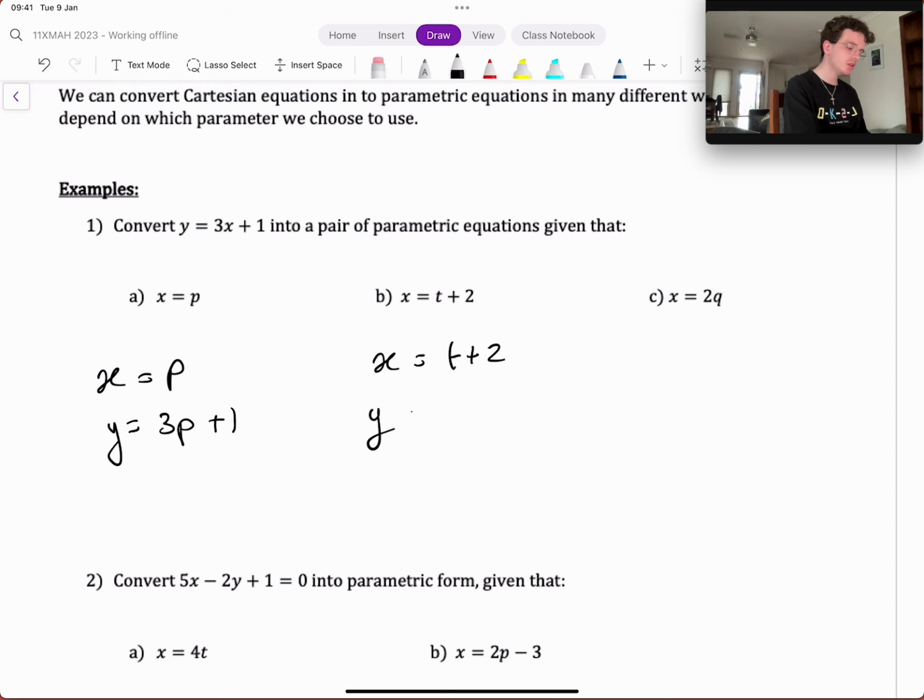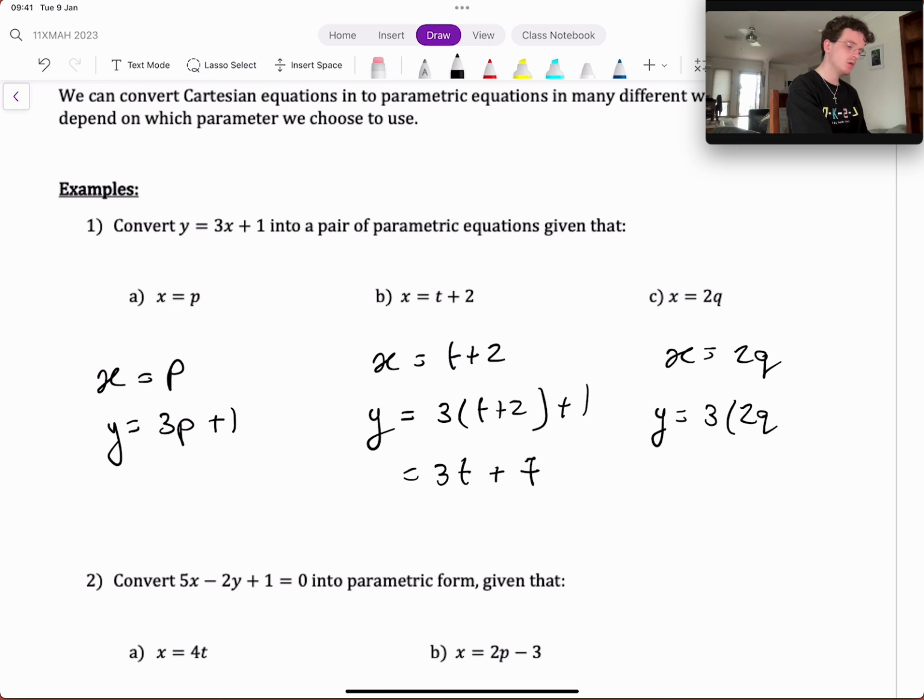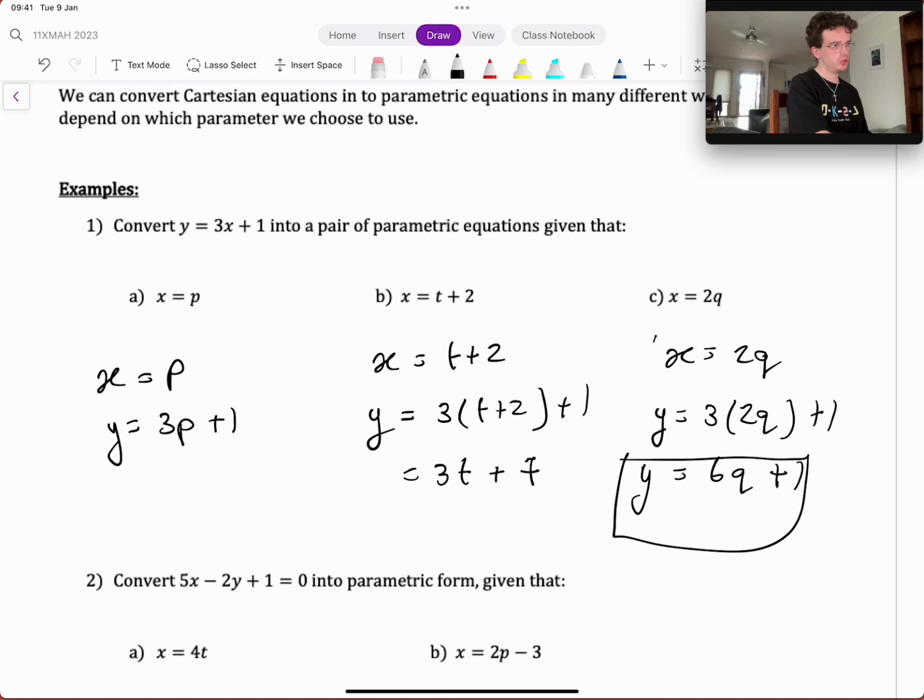And my y is going to be 3t plus 2 plus 1, which is 3t plus 7. Same idea here. x is equal to 2q. y is going to equal 3 times 2q plus 1, which is y equals 6q plus 1. And those are your two equations there.